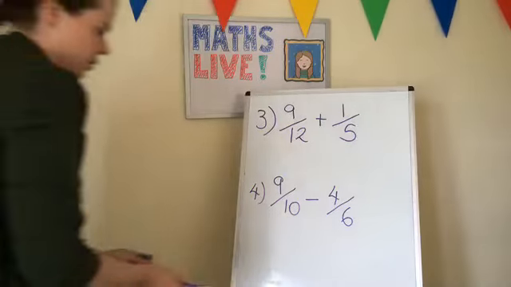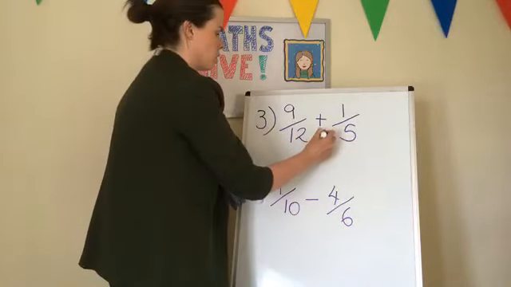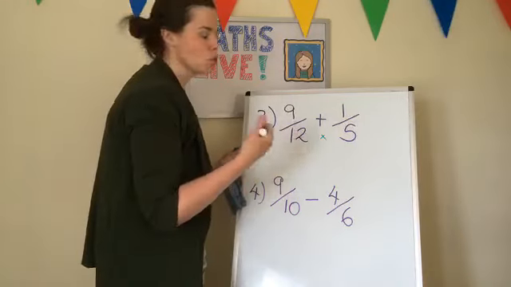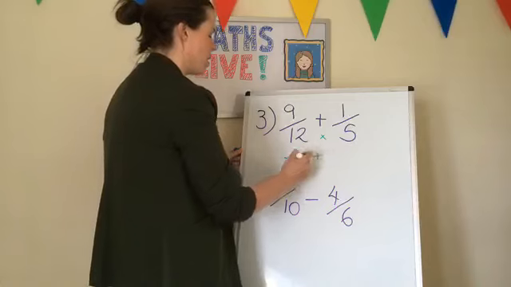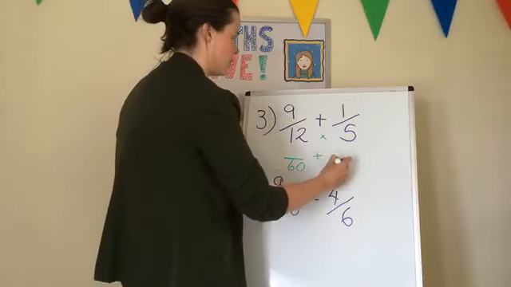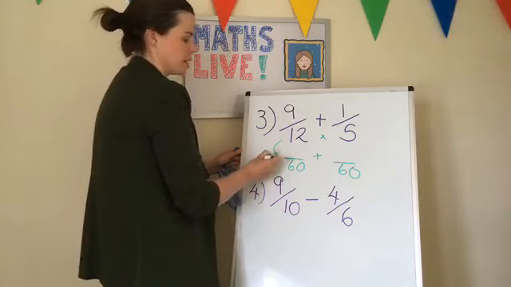Right, let's have a go. So, 12 times 5: 1 12 is 12, 2 12s are 24, 3 12s are 36, 4 12s are 48, 5 12s are 60. What did you do to 12 to make it into 60?